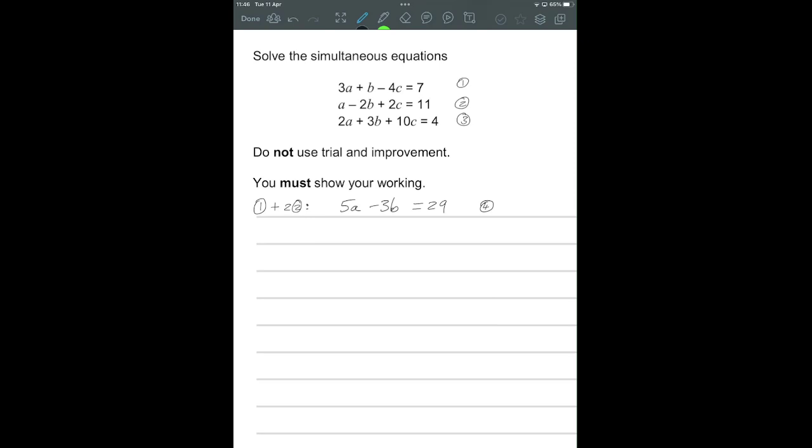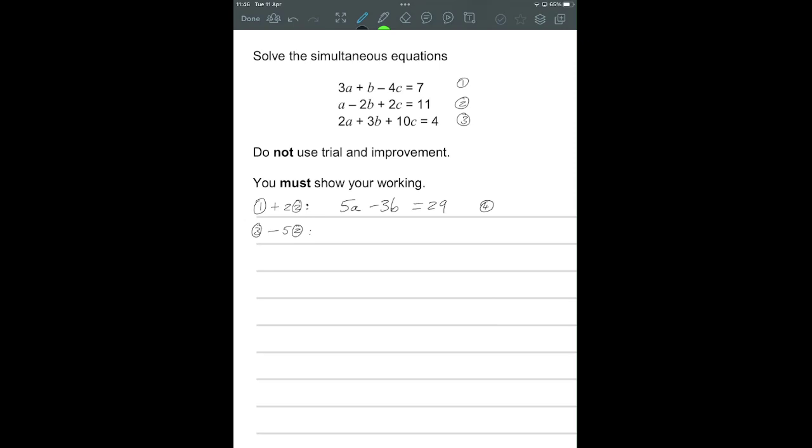Now this one's a little bit less pleasant because I'm going to have to do a subtraction. So if I take equation 3 and I subtract 5 lots of equation 2, well, that's making my 10c to kill off. So let's just carefully do that.